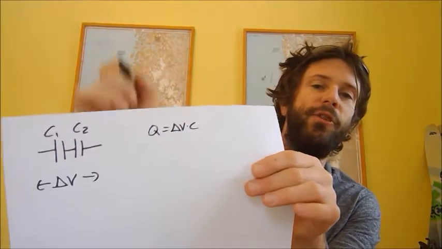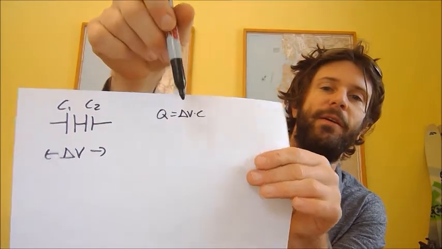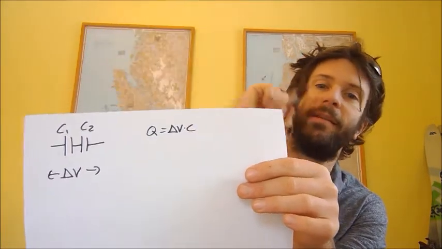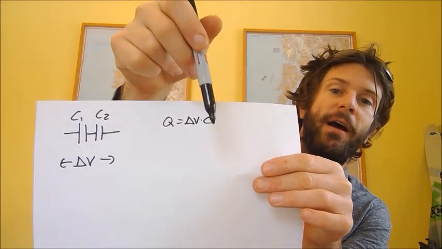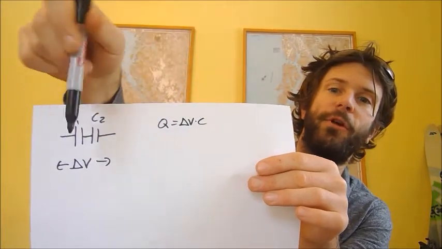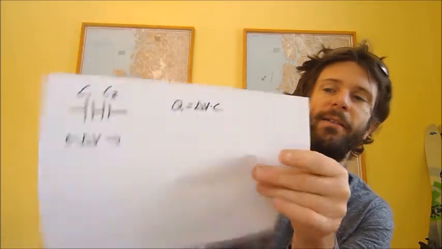And we know the formula, QVC from the Home Shopping Network. The charge on a capacitor is the voltage times the capacitance. And that makes sense: higher voltage, more charge on these capacitors; larger capacitors, also more charge built up on them.